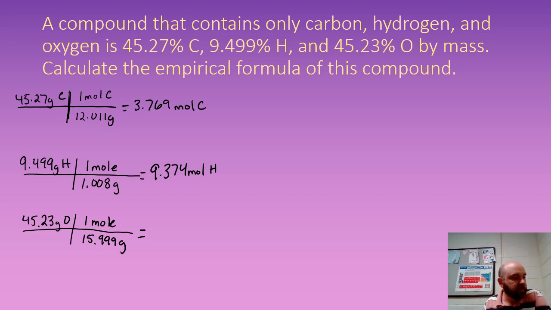And we see that is about 2.827 moles of oxygen. Then we will find the smallest molar amount and divide all 3 by that smallest molar amount. So they will all 3 be divided by the 2.827.